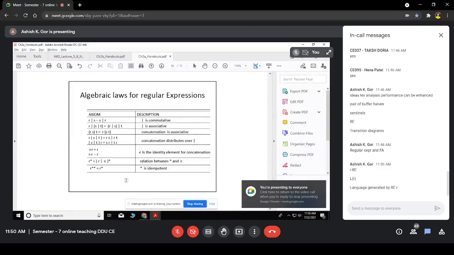You know these rules; if you concatenate null, it doesn't matter.